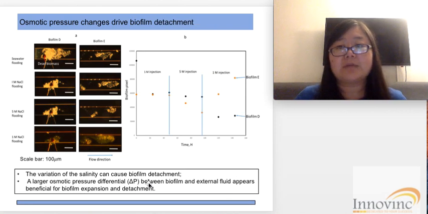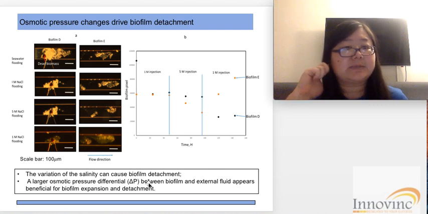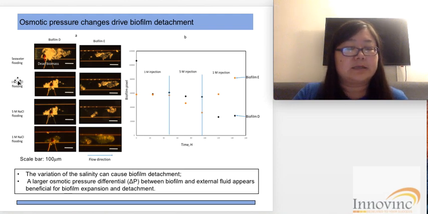To confirm our result, we performed another experiment. In this experiment, we also first flooded the seawater, and then we flooded the 1 molar salt solution. The osmotic concentration of the seawater equals 1, and the osmotic concentration of the 1 molar salt equals 2.